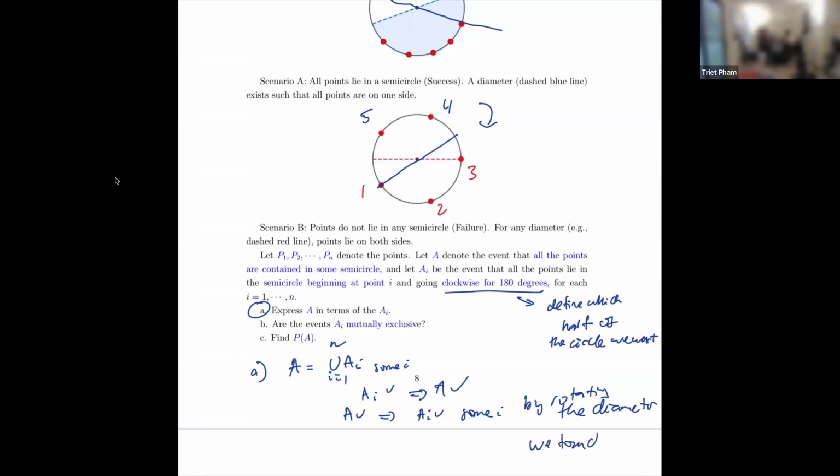Okay. Does that make sense? That's why I say the AI is like a subcase of it. Any question?